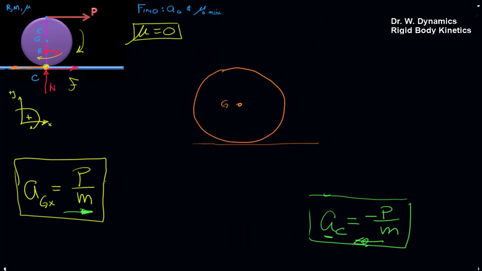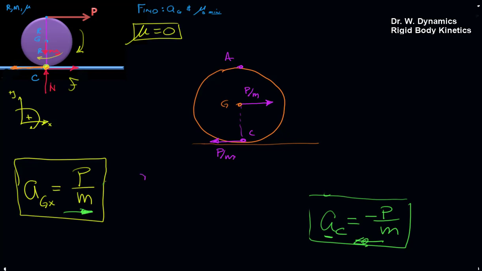All right, something that's interesting is we can plot this now. So G would accelerate forward with a value of P on M, and point C down here would be going backwards with P on M. What would be happening up here at point A?